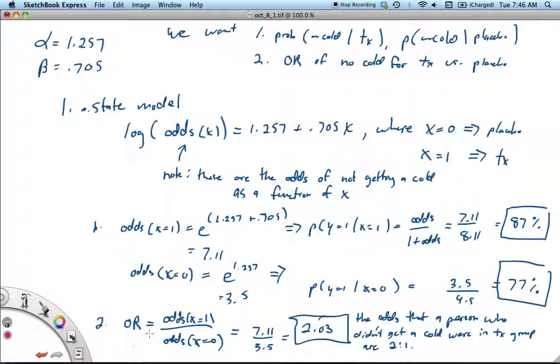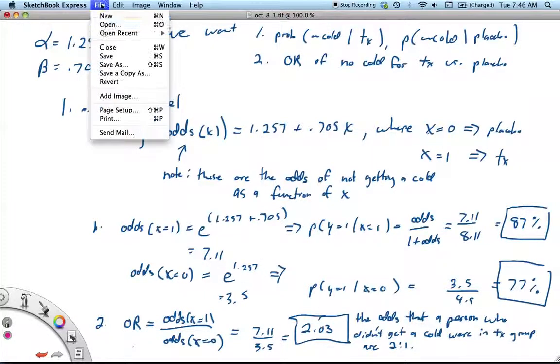And then lastly, it asks us for the odds ratio between the two treatments, treated or placebo, sorry. So all you do is take the odds that we got here and put them into a ratio, and we get 2. So we're allowed to say then that the odds that a person who didn't get a cold was in the treated group are 2 to 1.